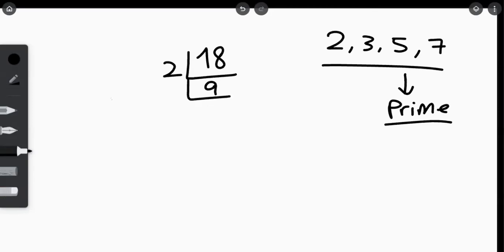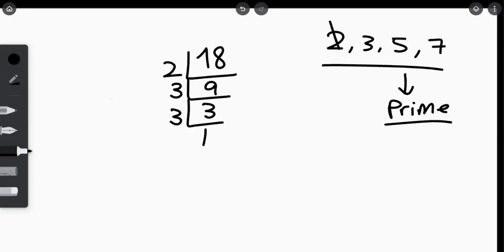But 2 I cannot use anymore, so I only can use 3, 5, and 7. Which one can I use? There's only one option, which is 3. And I have another 3 here, and then finally a 3, and I'll have a 1.